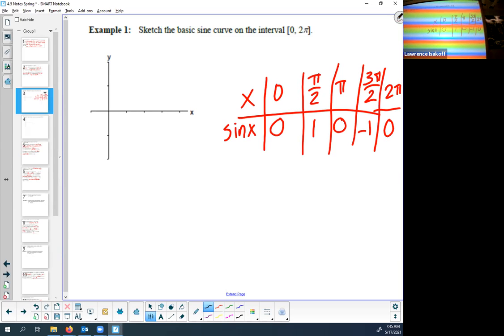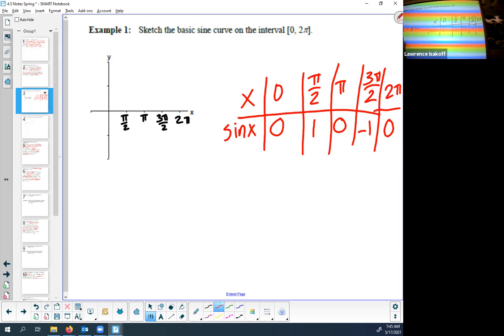So here's how I will scale my axes. I'm just going to say pi over 2, pi, 3 pi over 2, and then 2 pi. So I use my x values up here to scale my x-axis.